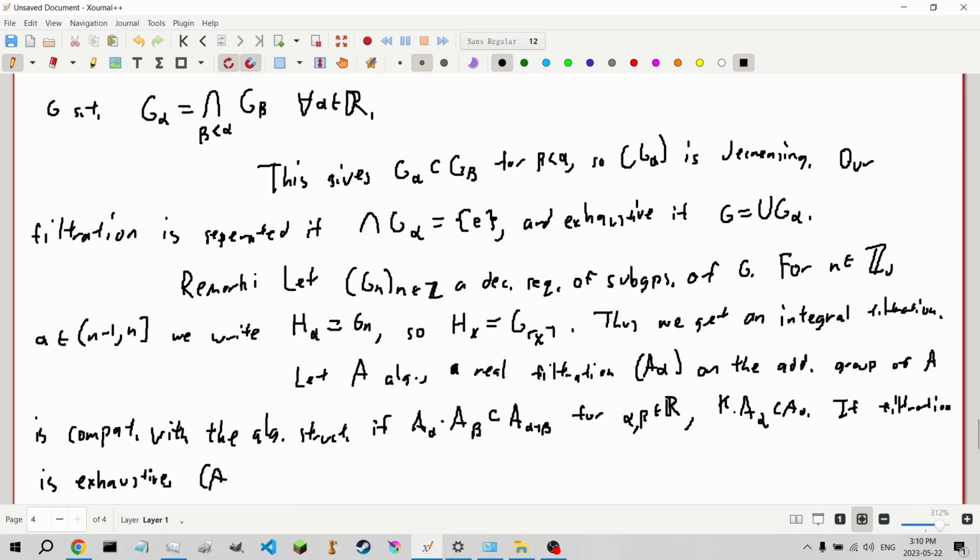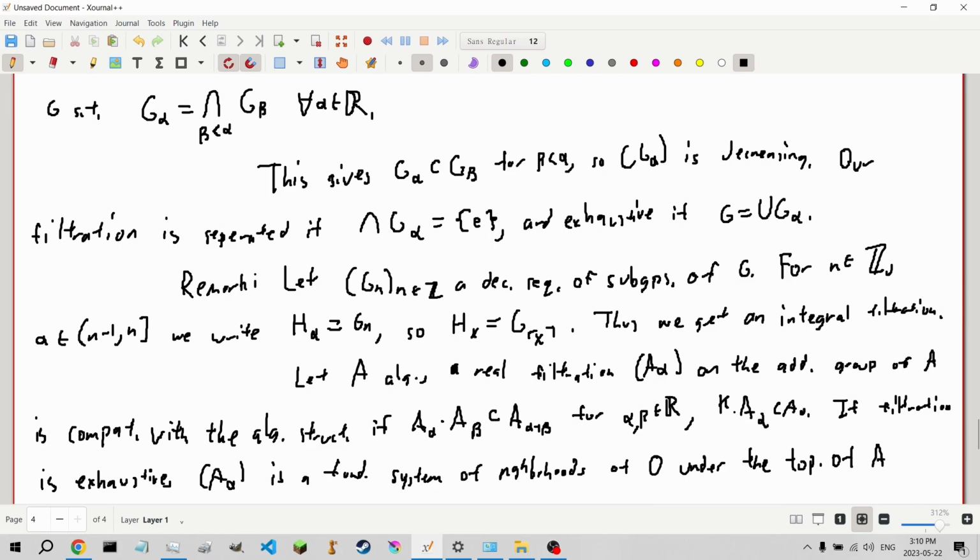A alpha is a fundamental system of neighborhoods of 0 under the topology of A, which is the one compatible with its algebraic structure.